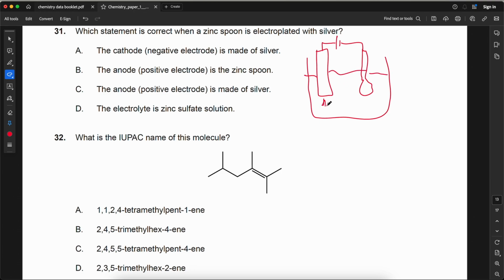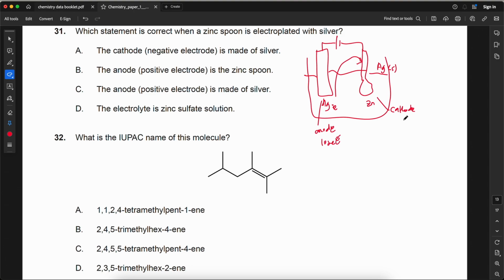So this will be Ag and this will be zinc. The electron will be produced here and move towards here. It forms solid Ag here. So this, which collects the mass, will be the cathode and this will be the anode.